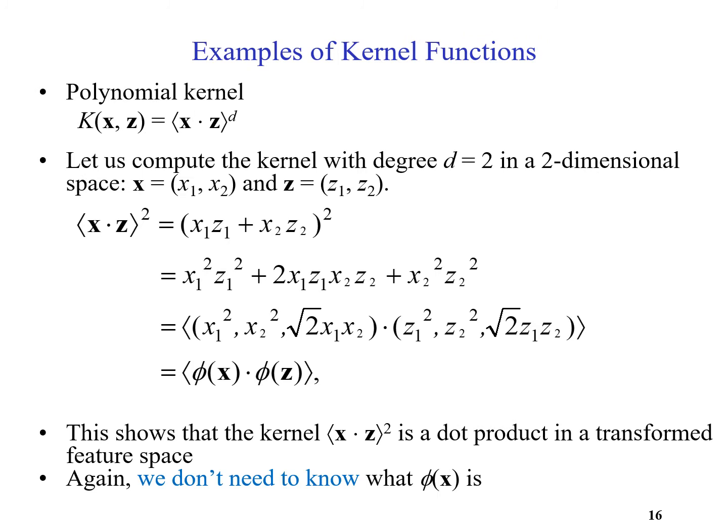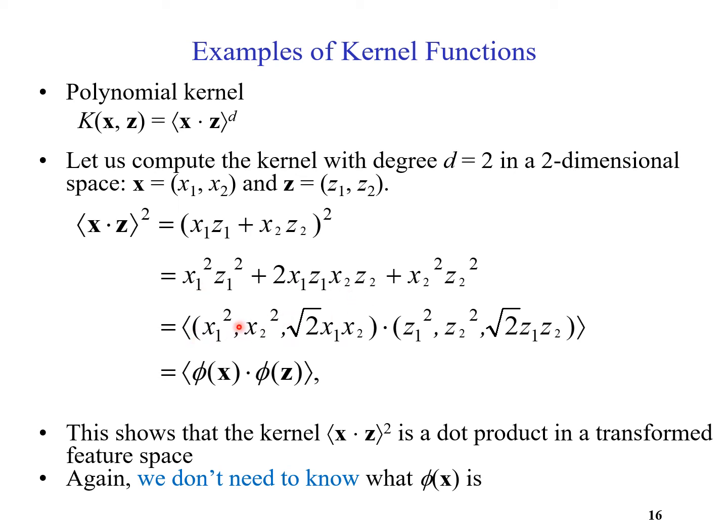This slide is simply another example of using a kernel function. When you choose a kernel like this, it is called a polynomial kernel. If you look at this part here, it actually converts two-dimension into three-dimension like this.